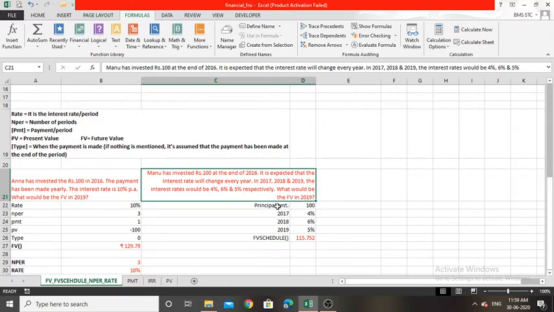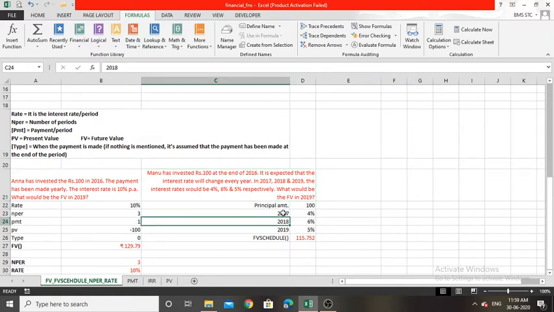The principal amount is 100, that is our PV. In 2017 the rate is 4%, in 2018 it is 6% and in 2019 it is 5%. In the previous illustration the rate was only a single constant interest rate, that is 10%.